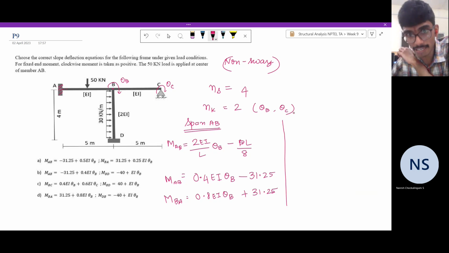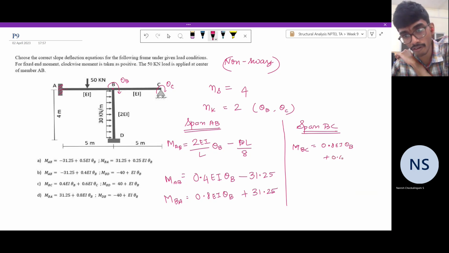Similarly, let us look at span BC. MBC is 4EI by L theta B, so 0.8 EI theta B plus 0.4 EI theta C. There is no fixed end moment and there is no settlement of the supports.